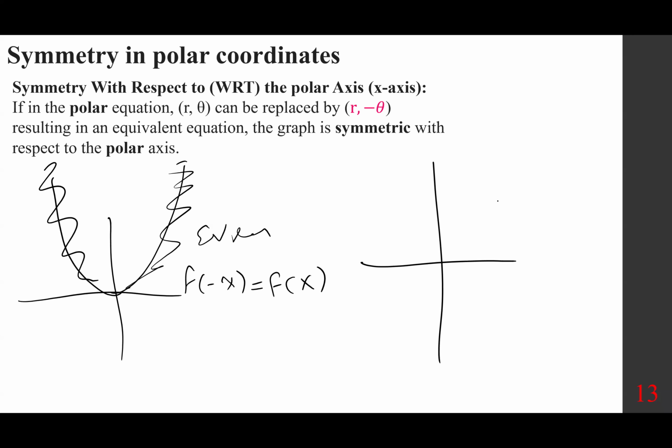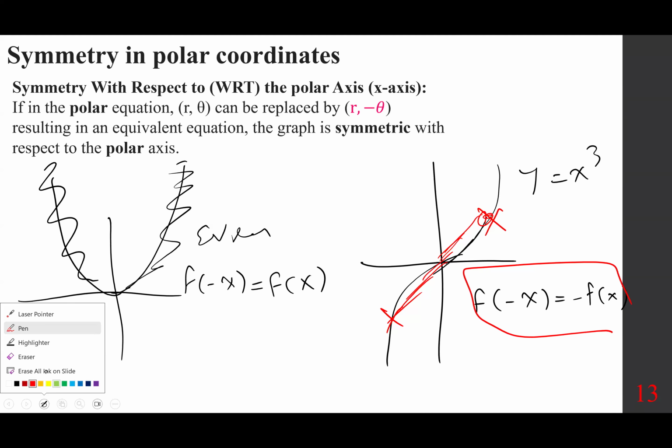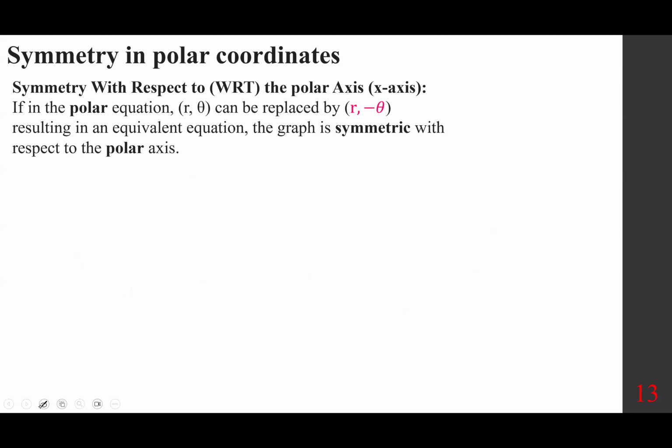On the other hand, something like y equals x cubed, f of minus x is minus f of x. This is odd symmetry, right? So if you have a point here, you connect it to the origin, and if you go the same distance, you have another point that's symmetric with respect to the origin. This is what we did before. That has nothing to do with polar, okay? But what happens in polar, let me erase and go over that for you.